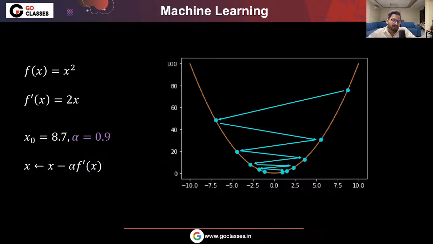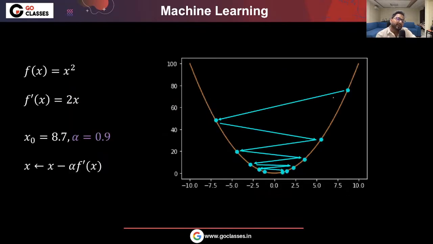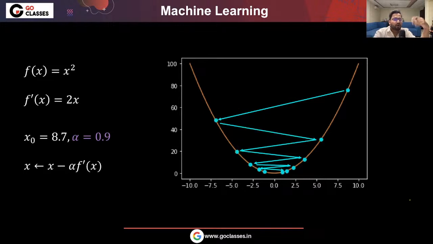So if alpha is large compared to the previous, where it was just 0.2, then it might fluctuate. It can even cross the minima. You need to go to the left, but with bigger steps you cross the minima, then you need to go to the right, but you again cross the minima. Now you need to go to the left, but you again cross the minima. So it might oscillate.